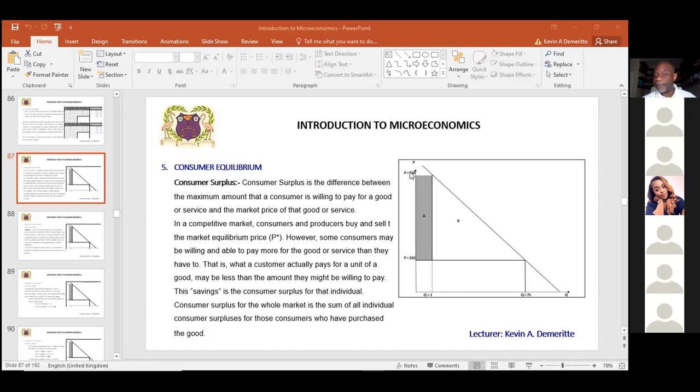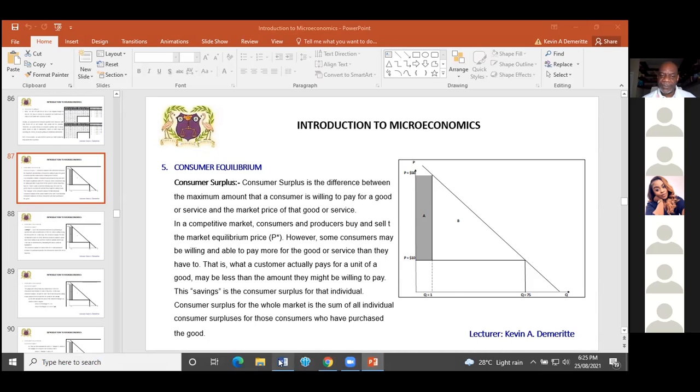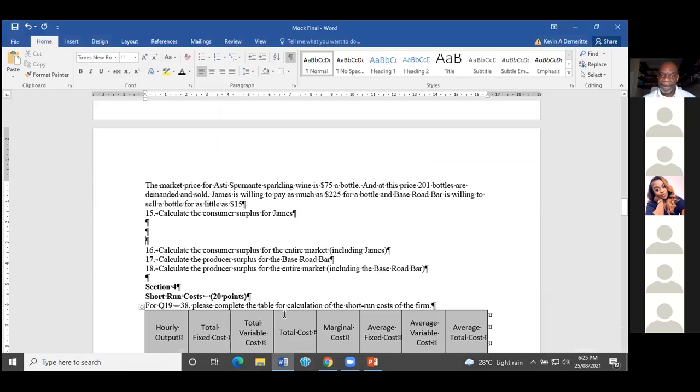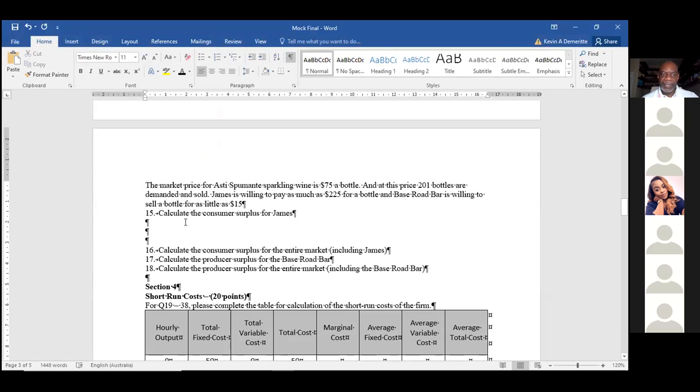225. The market price is 75. James is willing to pay 225. So what is his consumer surplus? 150. I don't know. Let's see. Consumer surplus of James is equal to price times quantity, right?